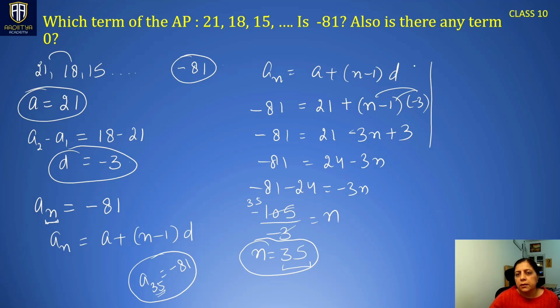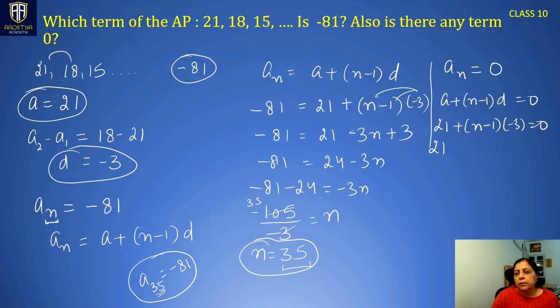The next part says, also, is there any term 0? This is the sequence given to you and you have to check whether any term can be 0 in this sequence. If yes, we have to look for the term. an is a plus n minus 1 d is equal to 0. A is 21, n we have to find, and d is negative 3.